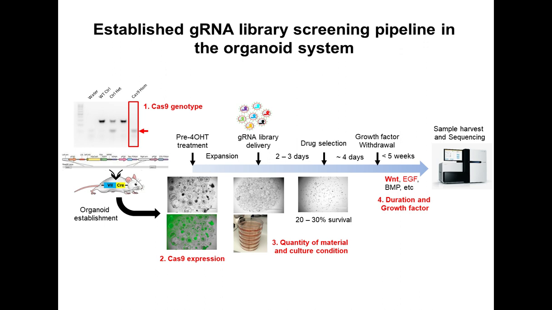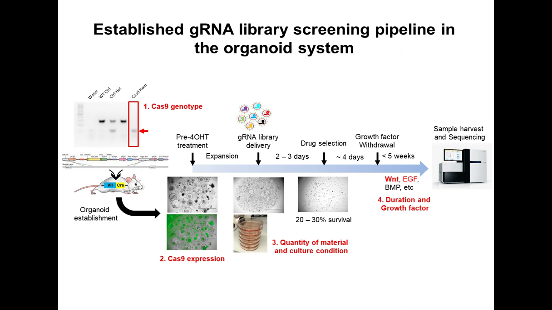So what is very nice is that once you perform this massive screening, the resulting survivor clones can be just collected all together, and you can do the next generation sequencing to see which gRNAs are surviving afterwards.